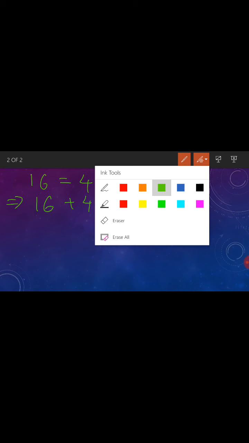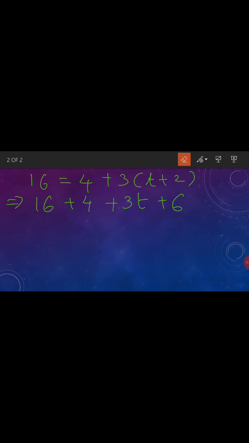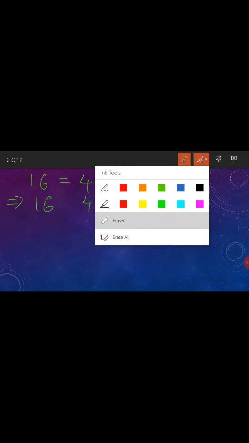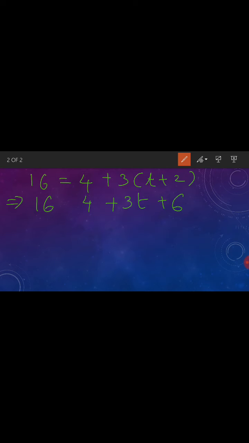So here is the equal sign. Okay, so now what you will do? 16 equals to 4 plus 6, 10. So 10 plus 3t.